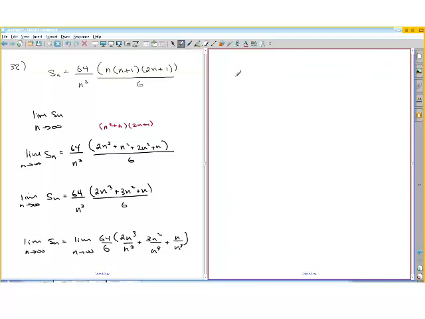You see, n cubed divided by n cubed is 1. So we get 64 over 6 times 2 times 1 plus 3 times 1 over n.